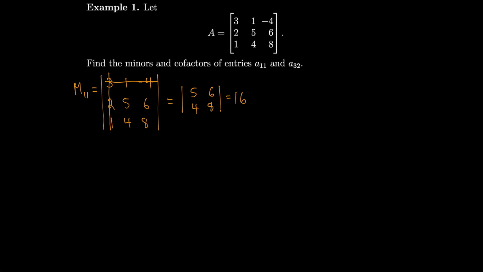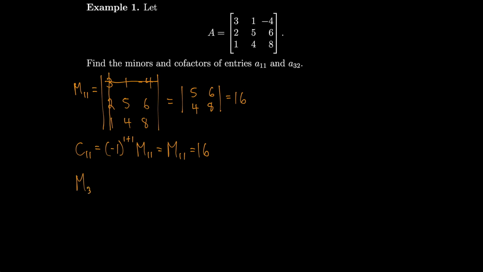Then in order to get the cofactor, that'll be C11. So that's (-1)^(1+1) times M11, which is just M11 because (-1)^2 is 1. So that's just 16. The cofactor will always either be plus or minus the minor.